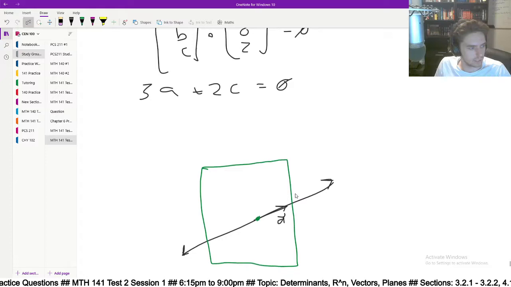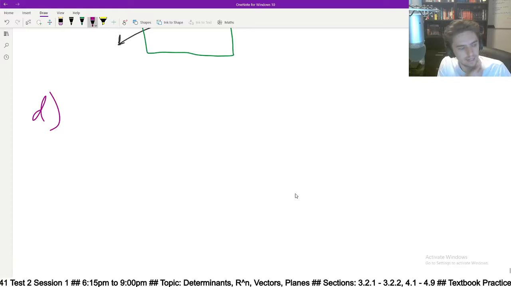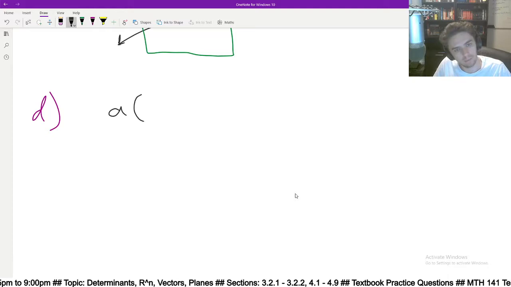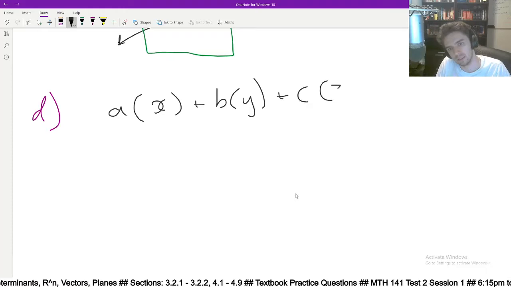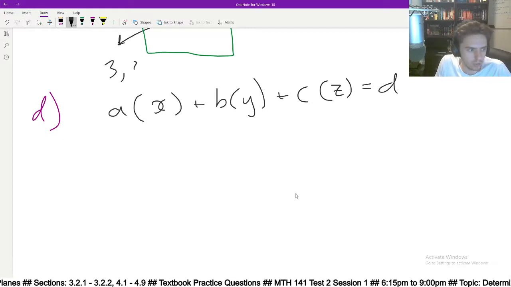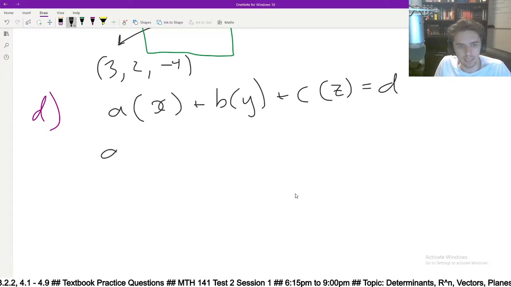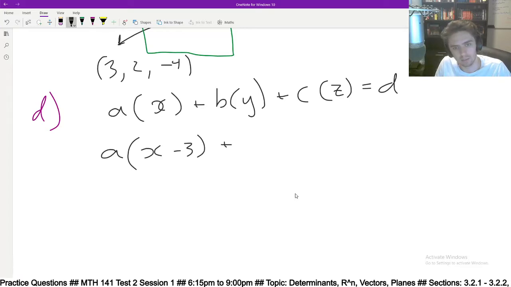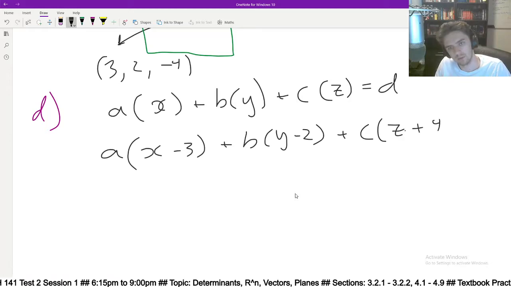Okay, let's look at D. All planes containing the line. For this one, you had to use the scalar form of a plane, so it's going to be ax plus by plus cz equals d. If I use that point, (3, 2, -4), then what I know is that this will be true, and I'll write it first and then explain it after: a(x minus 3) plus b(y minus 2) plus c(z plus 4) equals 0.